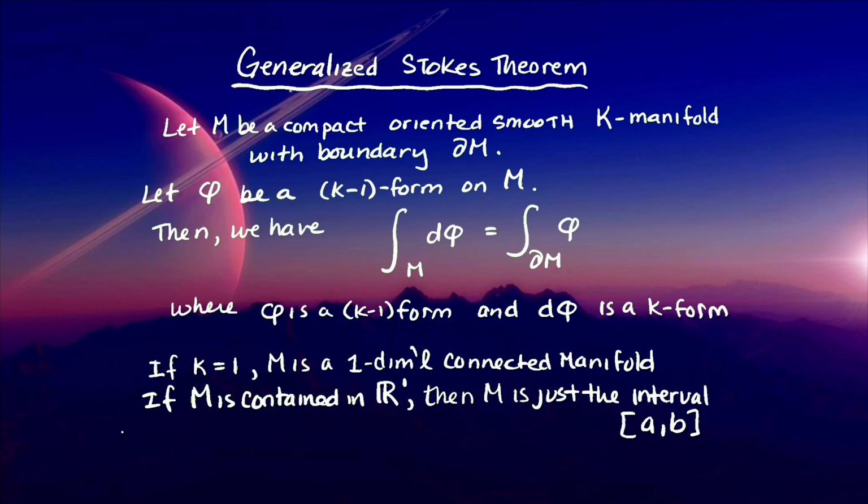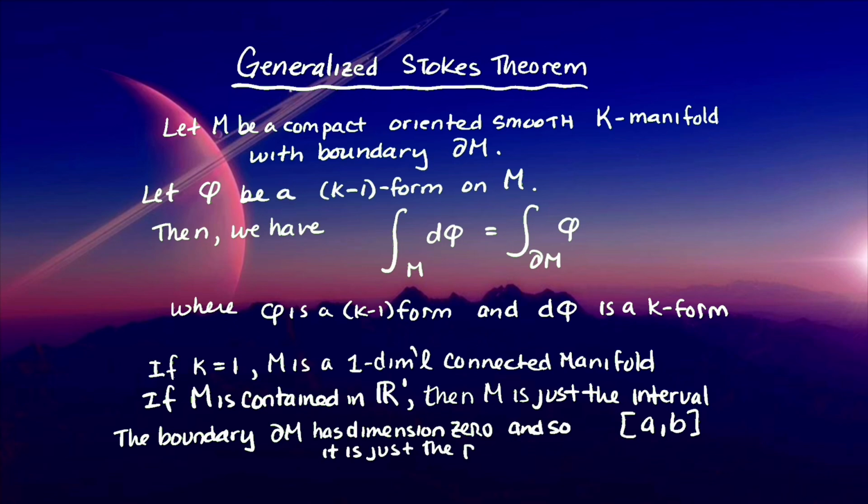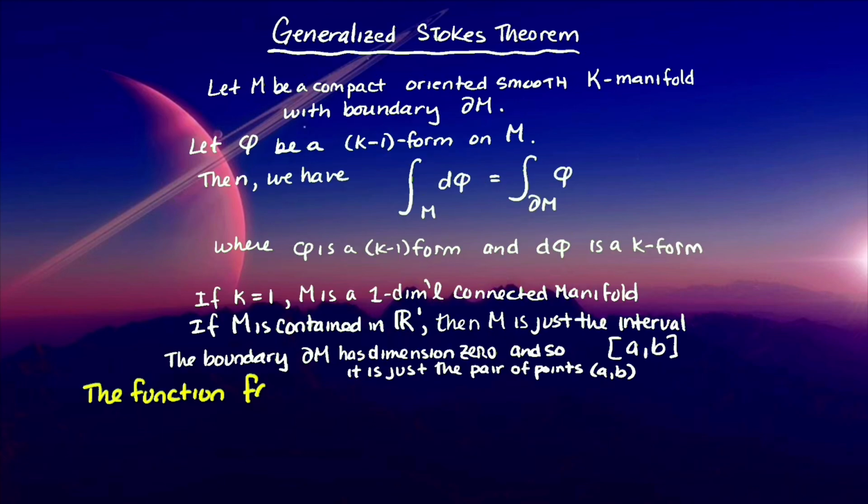If k equals 1, M is a one-dimensional connected manifold. If M is contained in R1, then M is just the interval from a to b, and the boundary ∂M has dimension 0, so it is just the pair of points a and b.